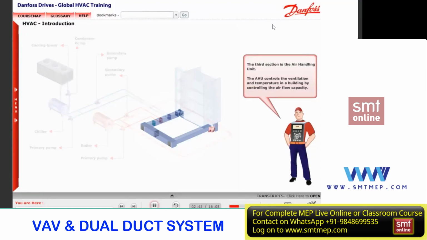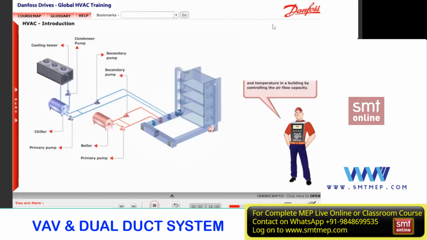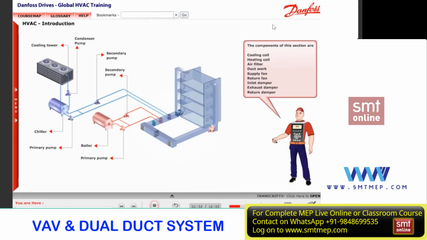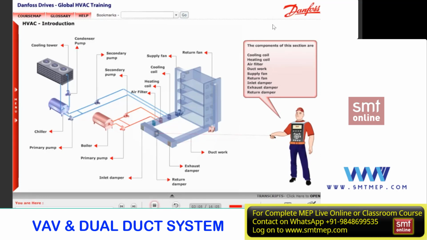The AHU controls the ventilation and temperature in a building by controlling the airflow capacity. The components of this section are cooling coil, heating coil, air filter, ductwork, supply fan, return fan, inlet damper, exhaust damper, return damper.